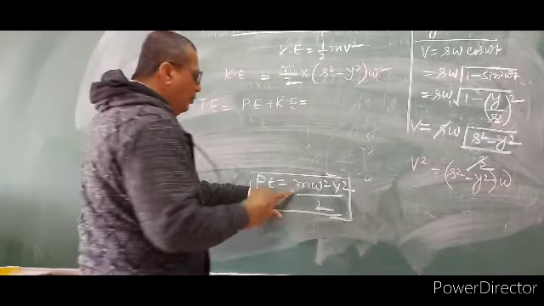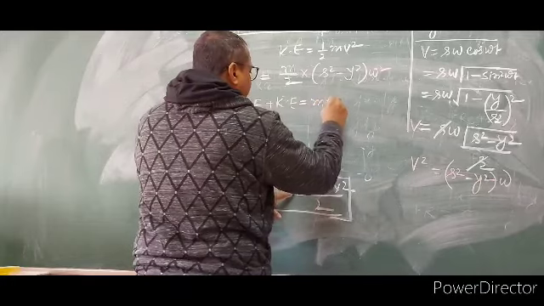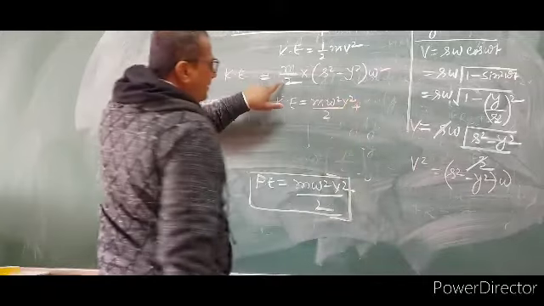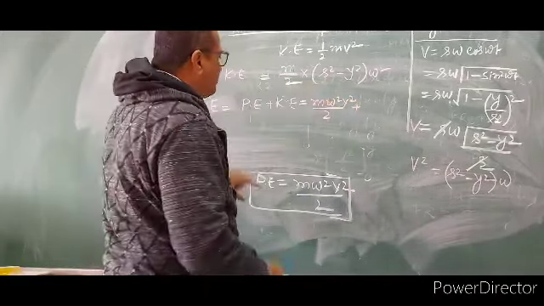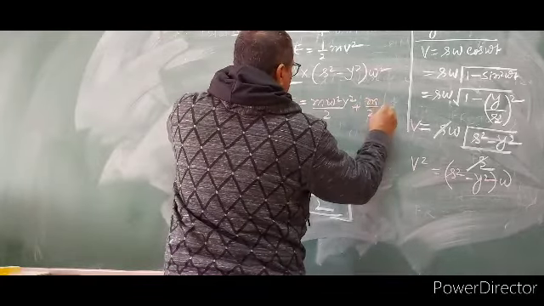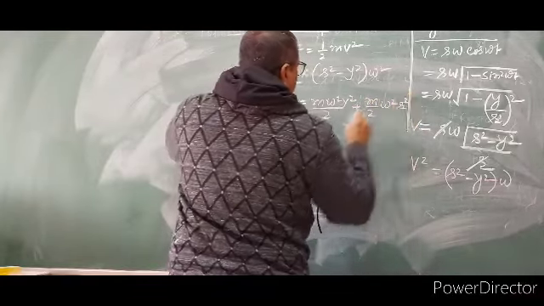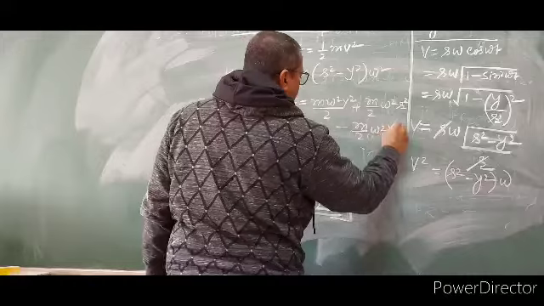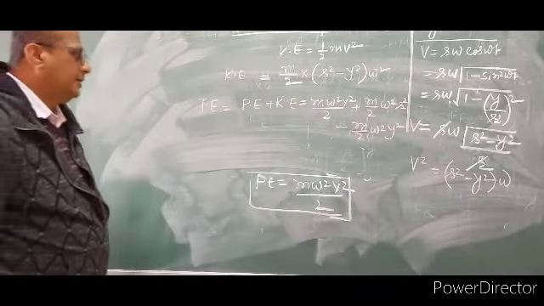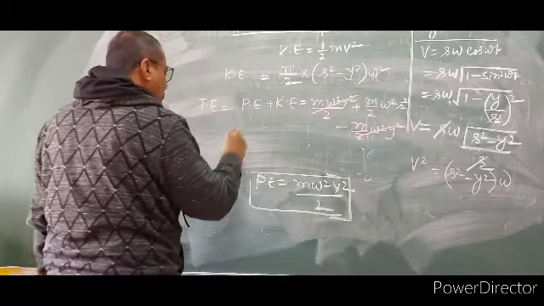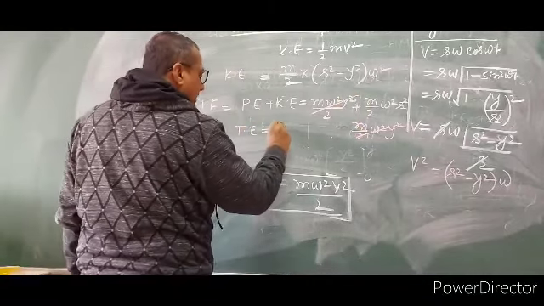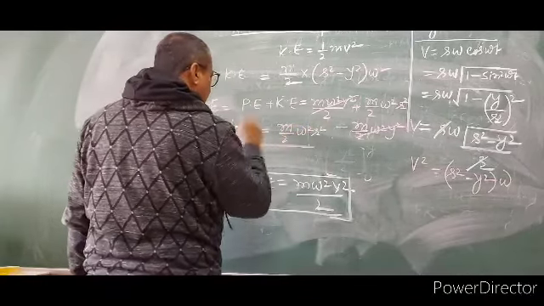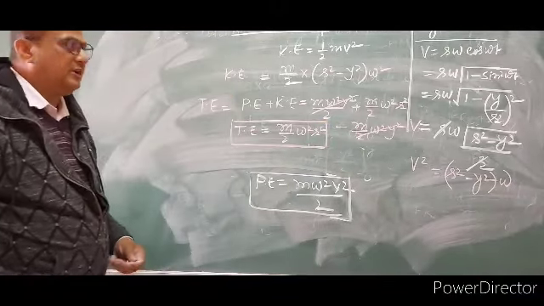Now potential energy is m omega square y square by 2, plus m by 2 omega square r square, minus m by 2 omega square y square. These terms will be cancelled. So total energy will be equal to m by 2 omega square r square. This is the expression for total energy.